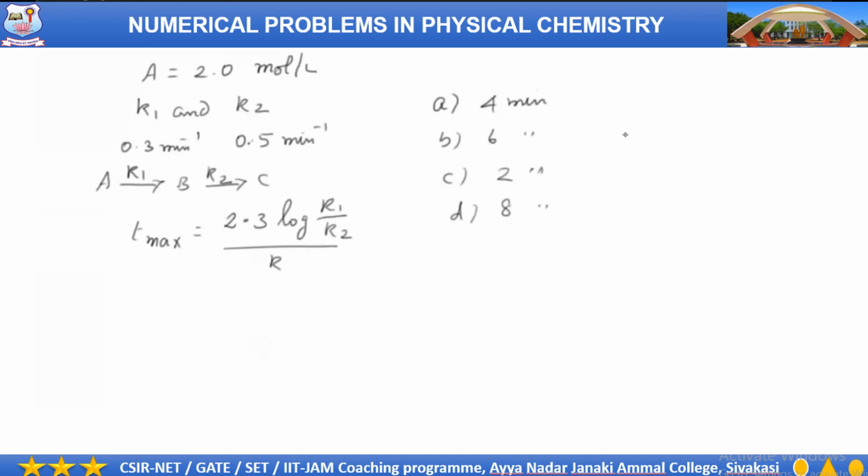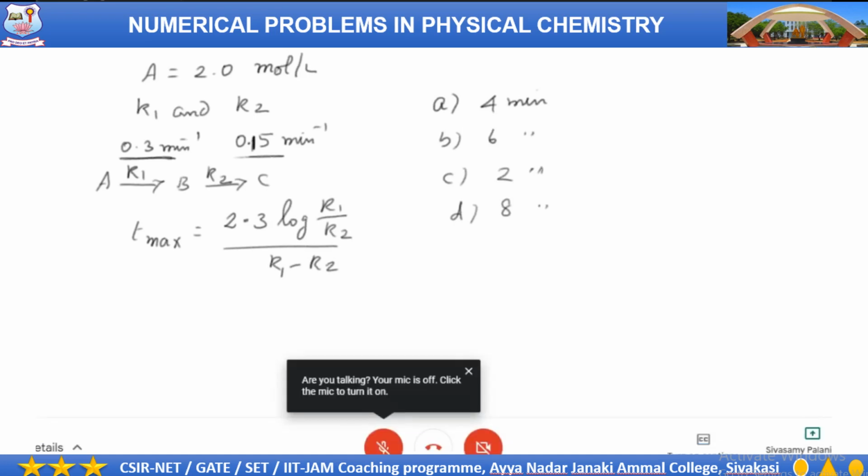I have given the wrong data for K2. Here K1 should be greater than K2, but here the value is 0.3, 0.5. Put it as 0.15, so K1 is greater than K2. Now substitute and find out the answer for T max.